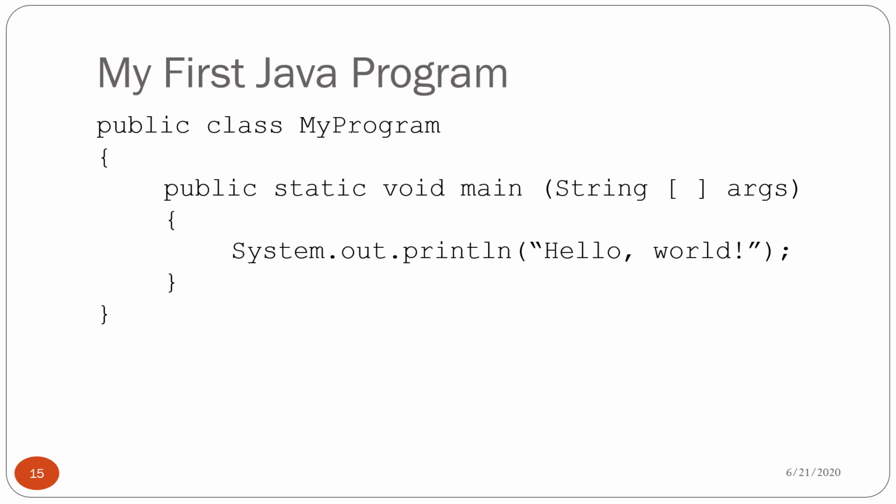We are calling this class welcome in some place, hello in another, and my program in another. That's the same thing. It doesn't matter. The only thing that should change is your source file name. You should save your file as welcome.java, hello.java, and myprogram.java respectively.